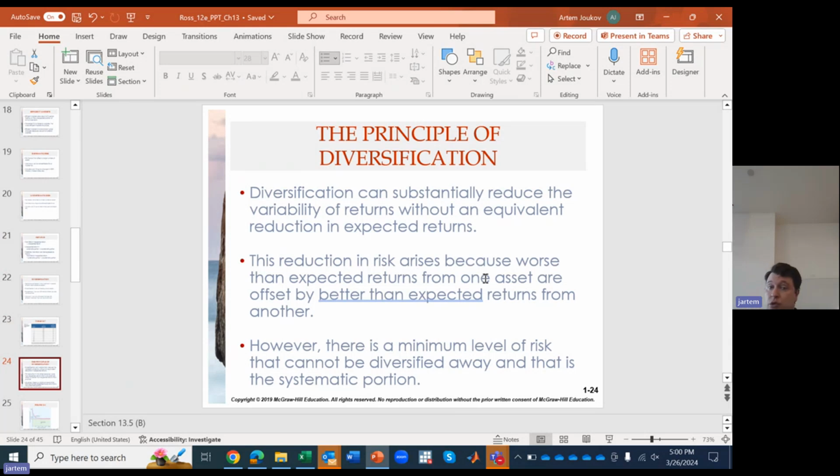But don't be confused about this: you also diversify your positive returns. So obviously, it's not as good to invest in the S&P 500 as it is to invest in the stock, if you are correct, that is going to make 30 or 40%, right?